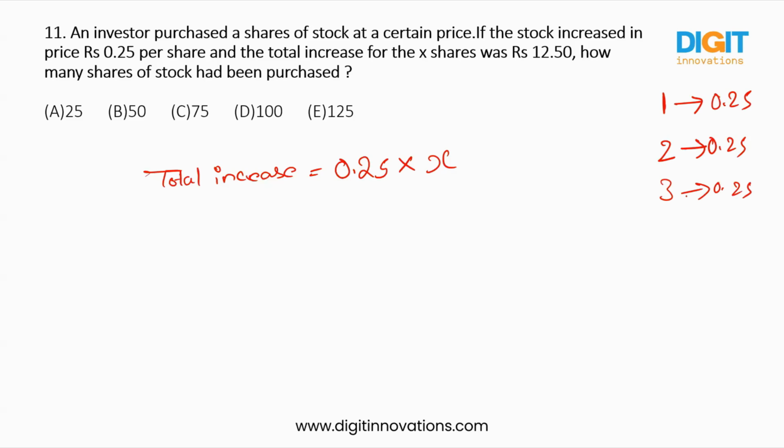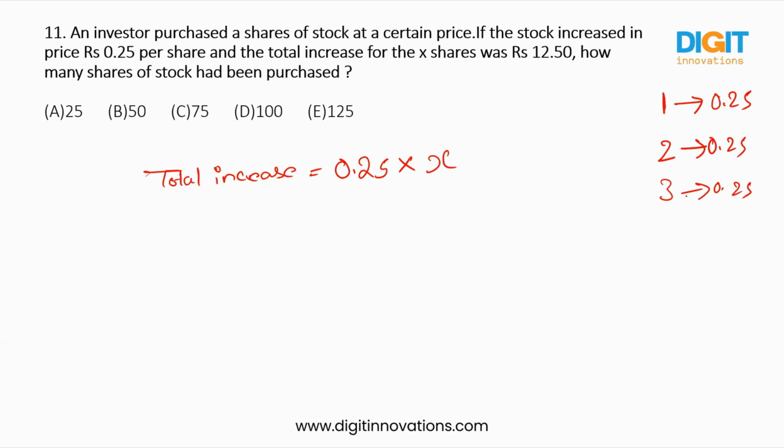Rather than adding all this, you can just simply multiply 4 into 0.25, then you'll get the same value, right?